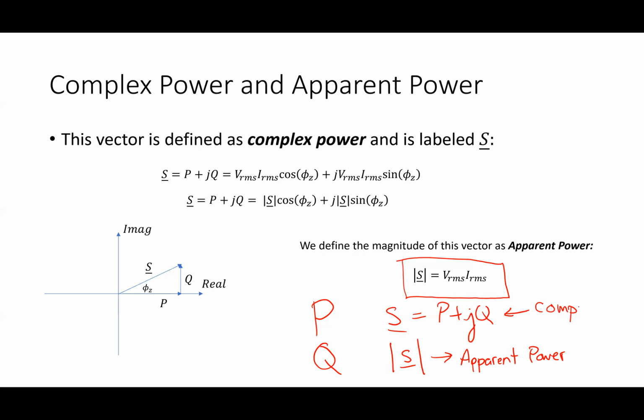Those definitions are important when describing what exactly is the difference between complex power and apparent power, just not involving the angle. So the magnitude of the complex power vector is the apparent power. That's all it is.